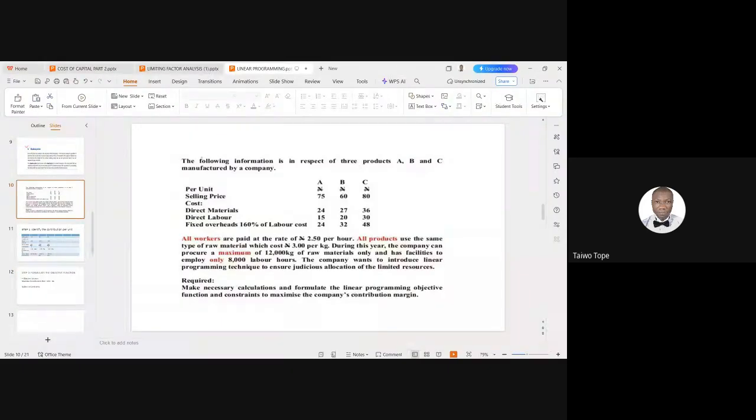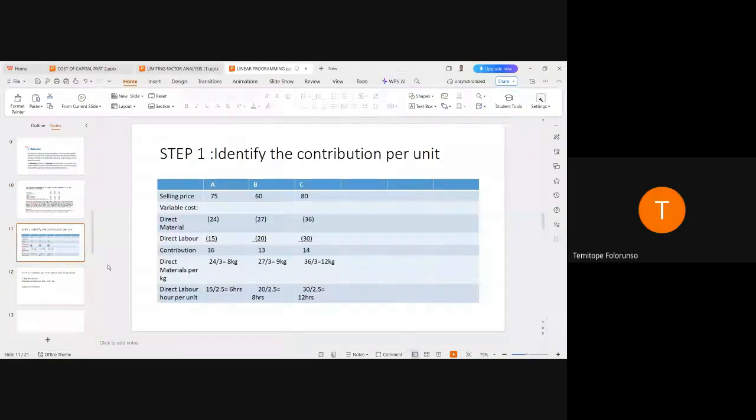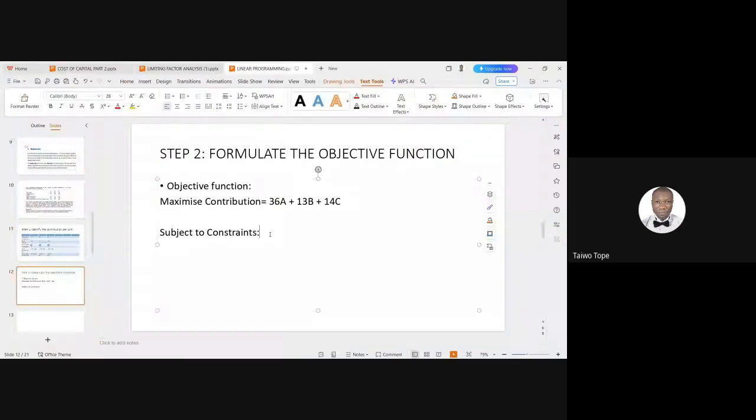Now, for material, in terms of product A, how many kg do you need to produce product A? 8 kg. So you have it this way. You said material. Material will be equal to 8A.